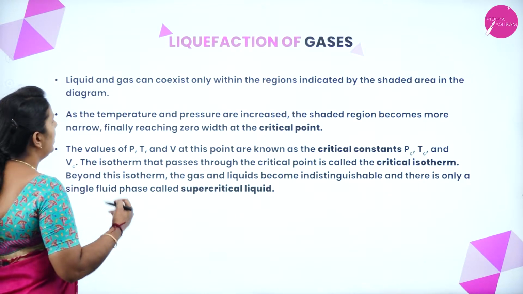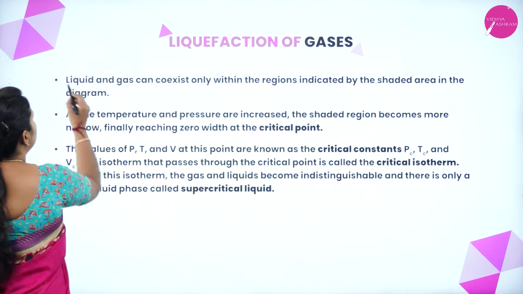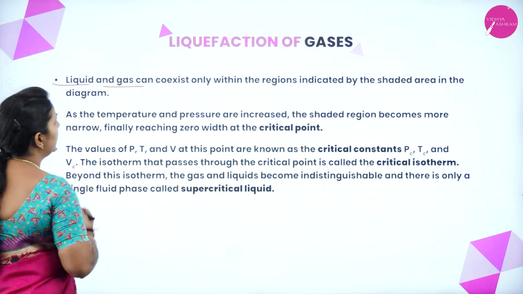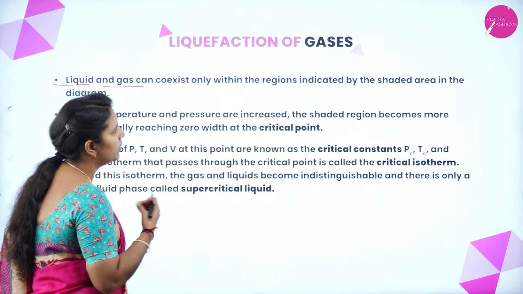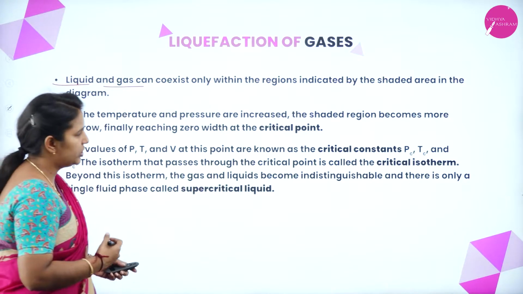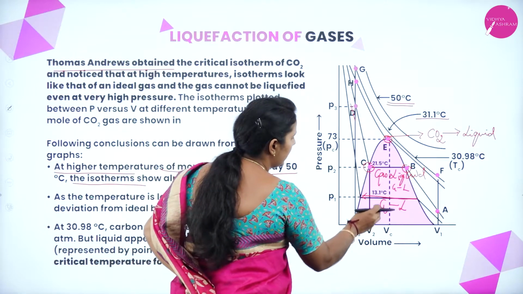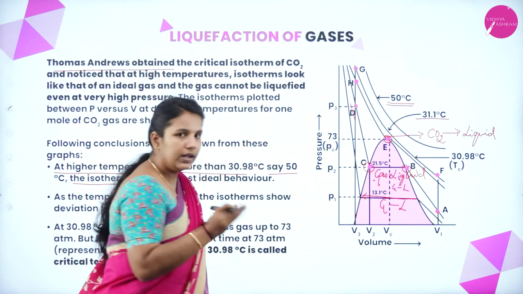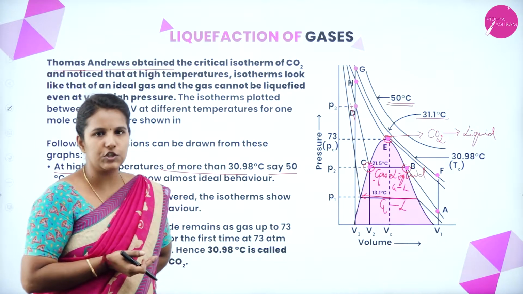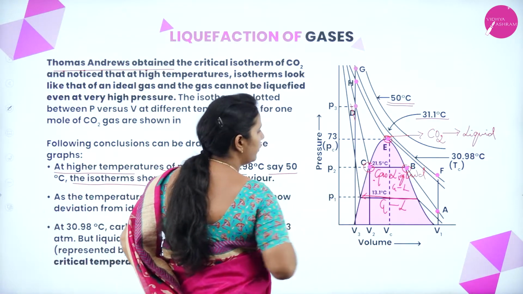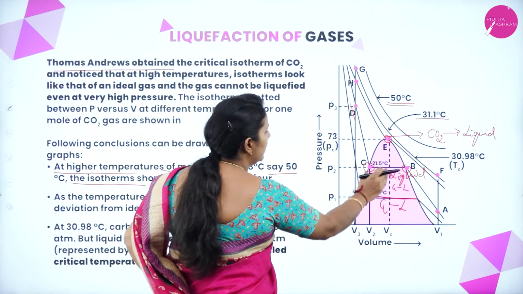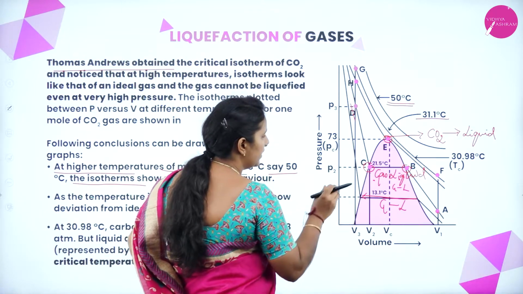After this, he explained that the liquid and the gas can coexist only within a certain region, which is given by the shaded region. Here you can see that the gas and the liquid coexist with each other. Especially at the temperature of 21.5 degrees, the gas and the liquid coexist over a particular distance.